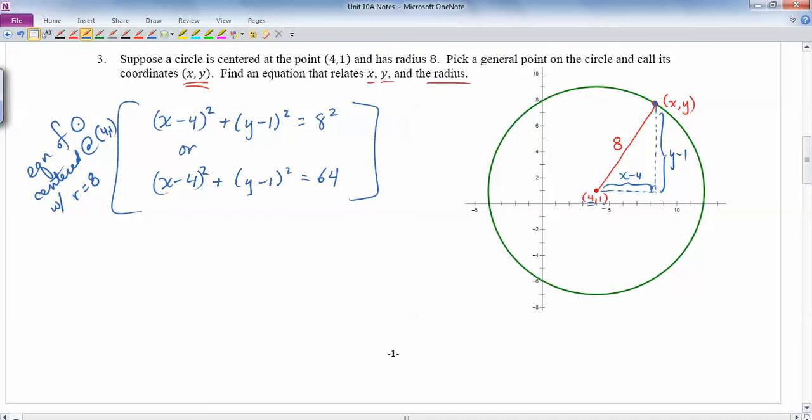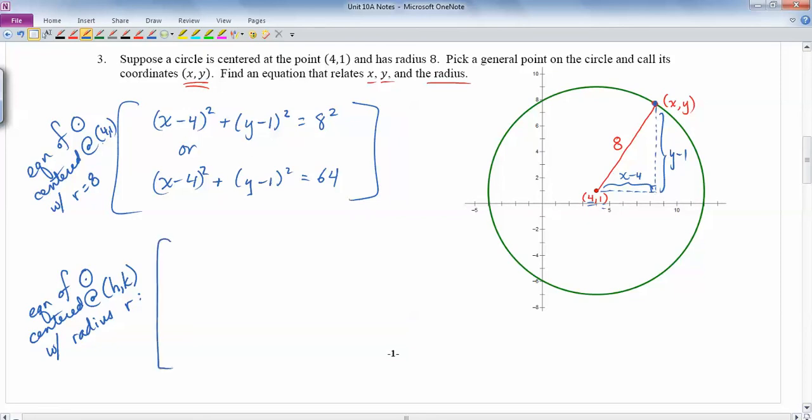Okay. So the goal is to get a general equation. So equation of a circle centered at, and then for some reason textbooks always use h and k for the center point. And the radius we'll just say is r.